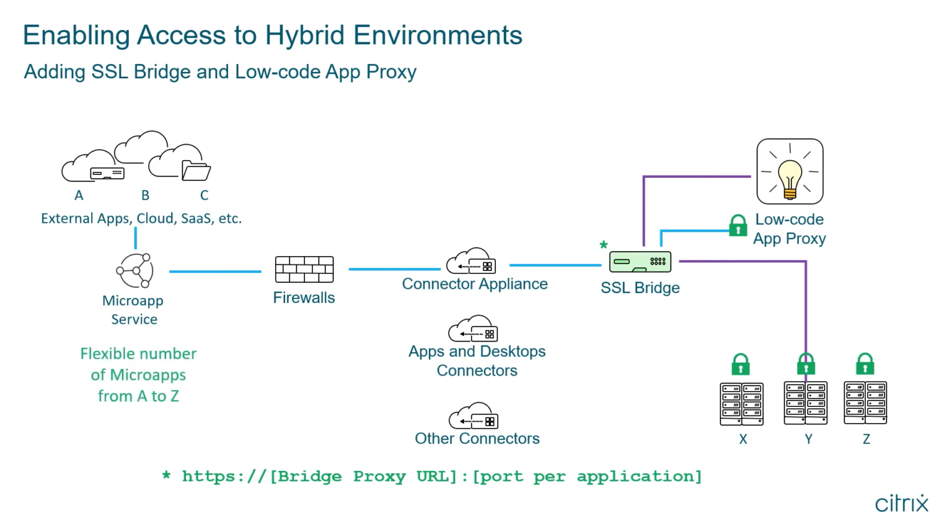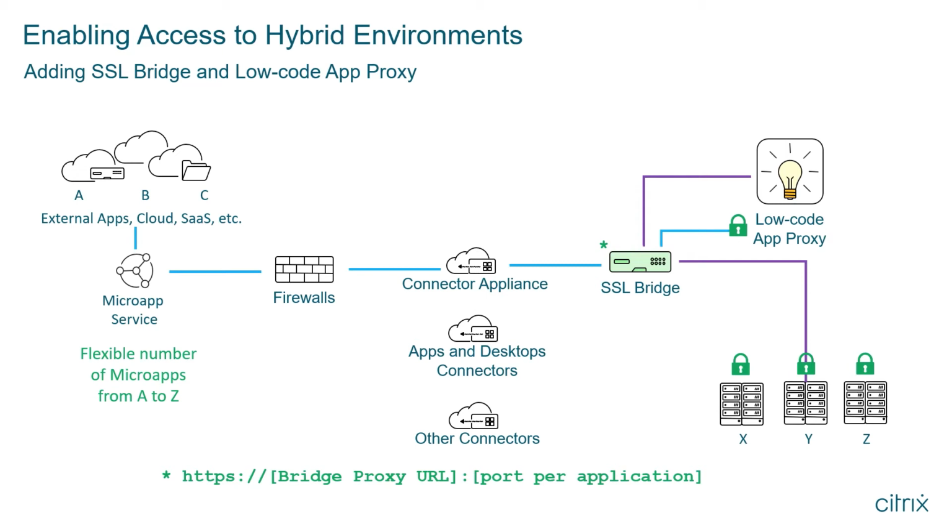Also, what's important here is this. When we communicate with other systems, we can petition microapp configuration in such a way that the microapp will be aware of the bridge proxy URL. So after all, the Connector appliance does talk to that SSL bridge that has exposed that SSL certificate of a particular URL, right?